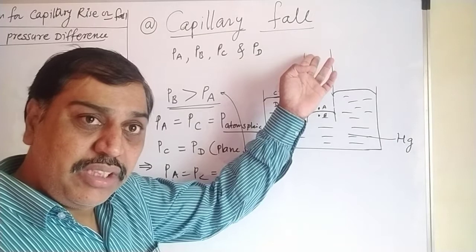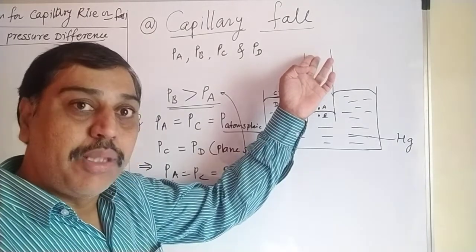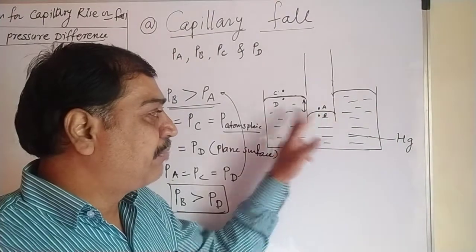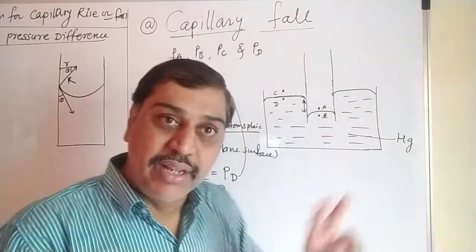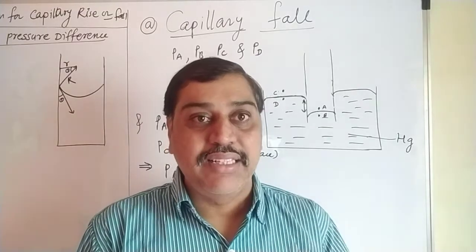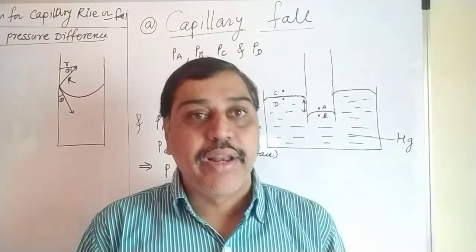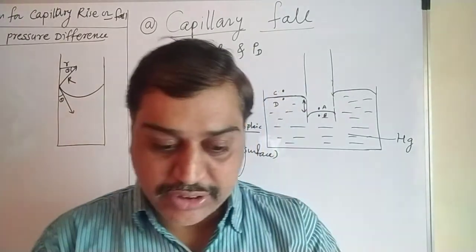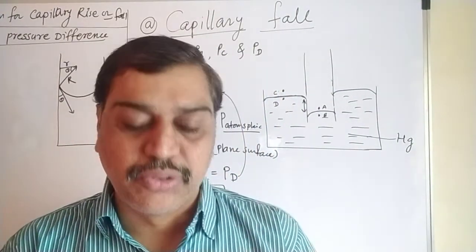And when it stops rising, what does it mean? The pressure at both points is the same. Again, there is a pressure difference between points D and B in the case of liquid. So just like water in a glass, the liquid rises. Mercury in the glass, liquid falls down. So that is nothing but capillary action. So we have used a simple way to demonstrate this.